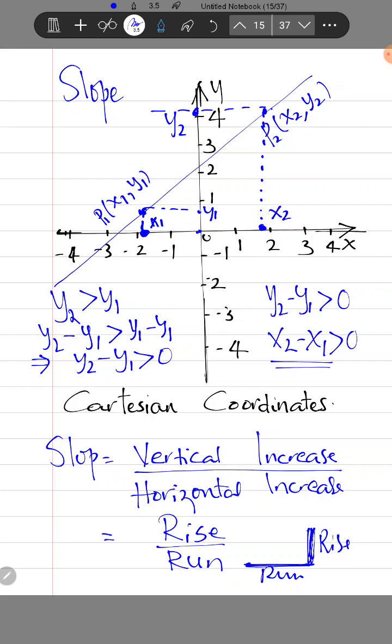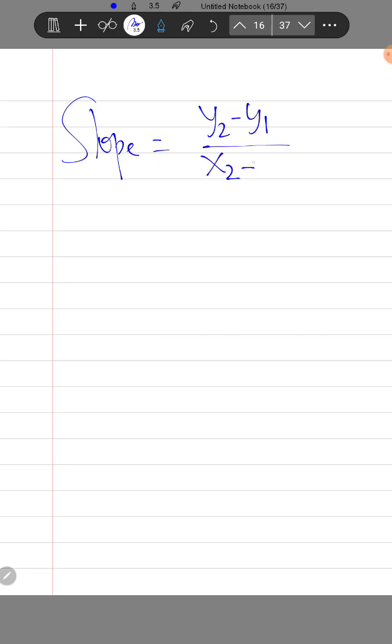So the slope is y2 minus y1 divided by x2 minus x1, which is a positive number divided by another positive number.